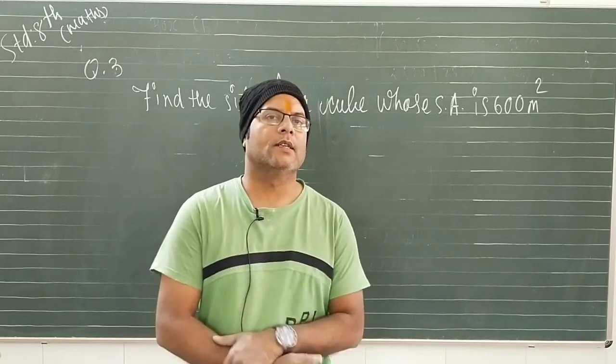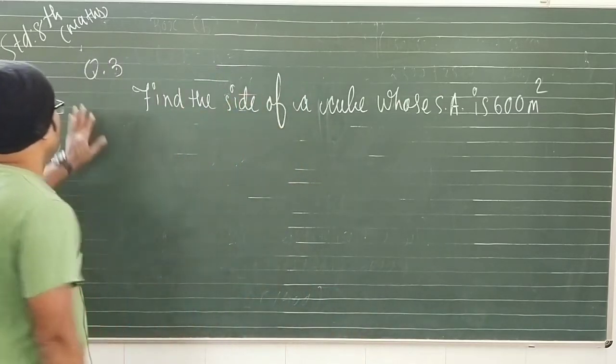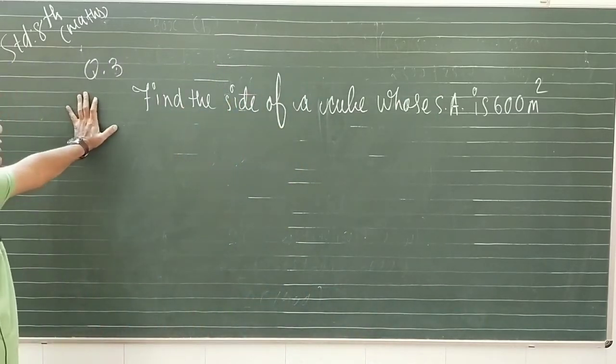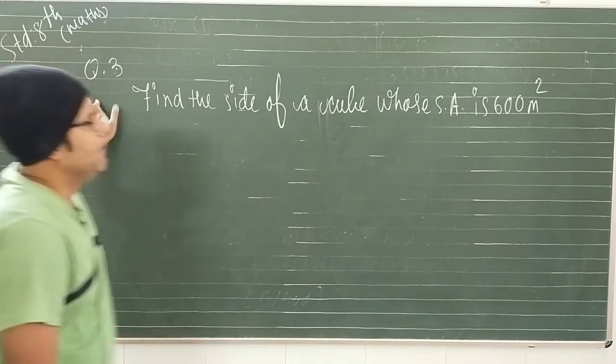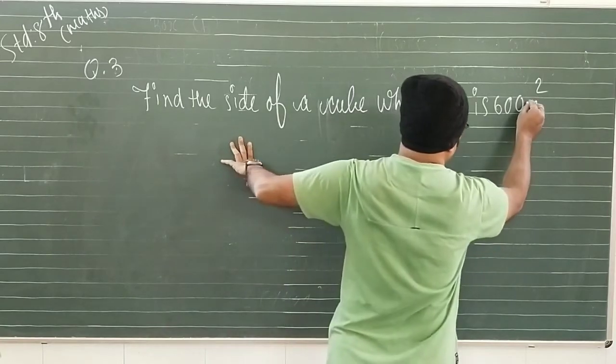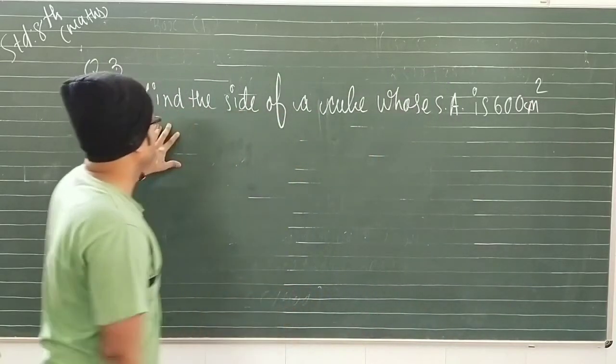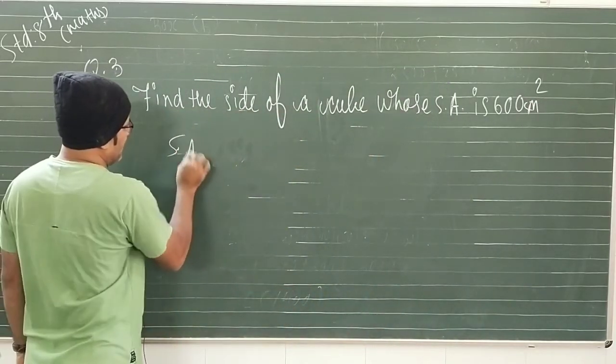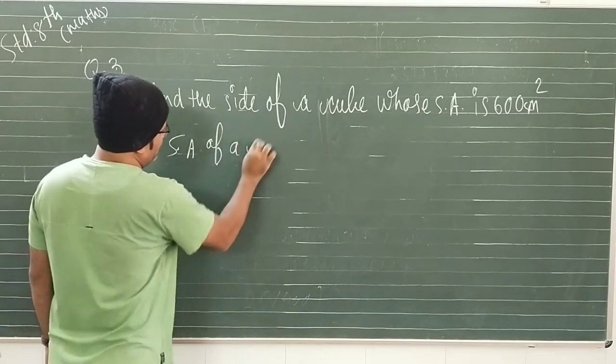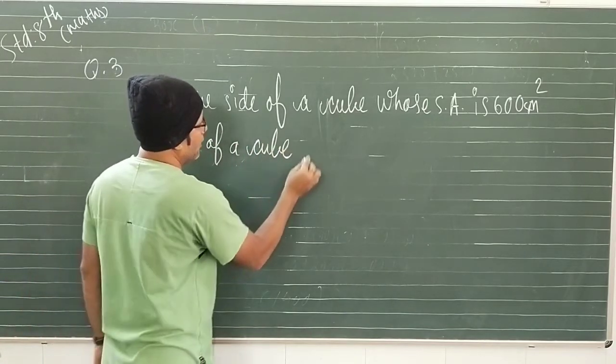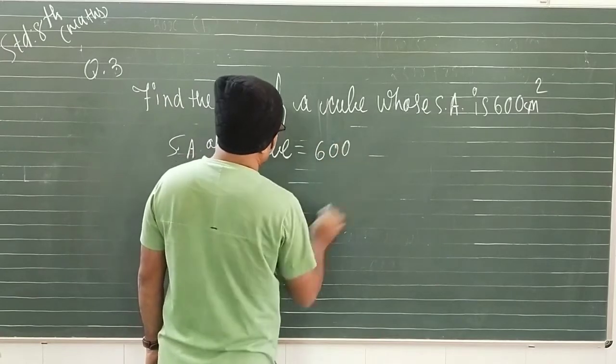And now sum number 3. Look at the question. Find the side of a cube whose surface area is 600 centimeter square. Now see, surface area of a cube, you have to use that formula, is equal to 600.